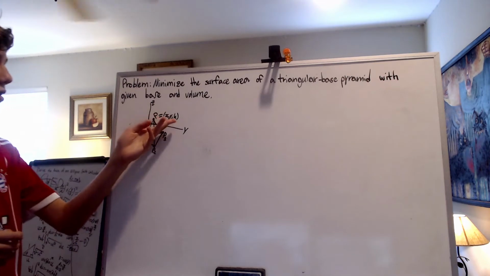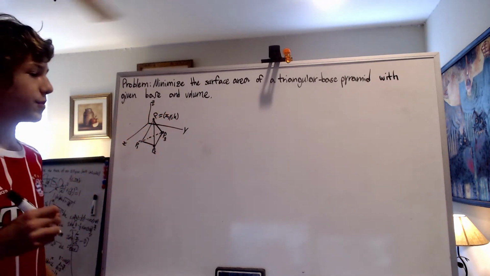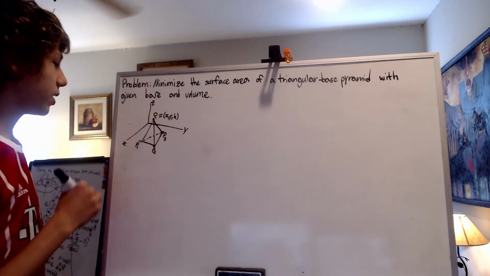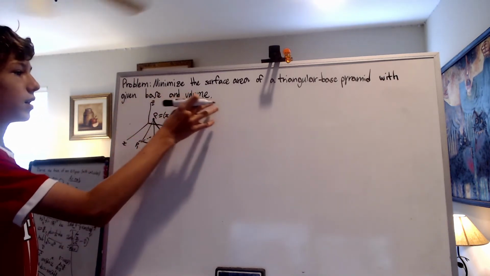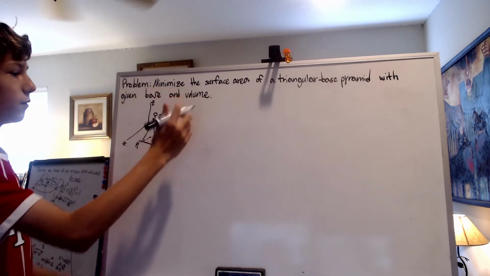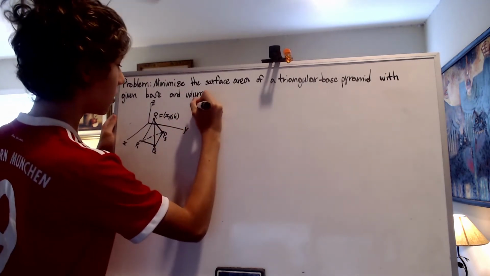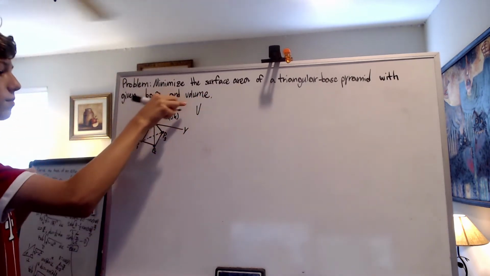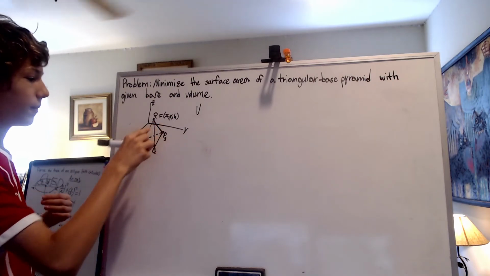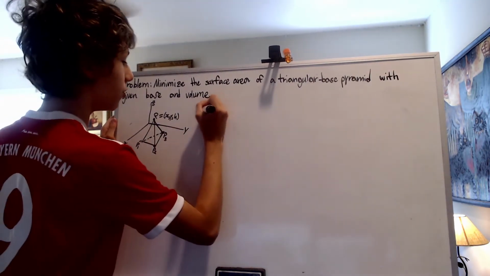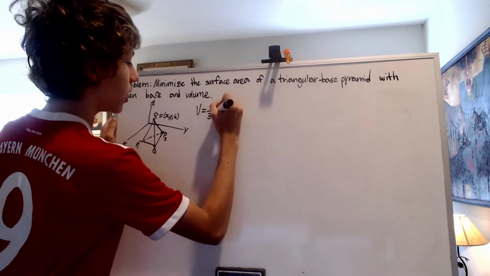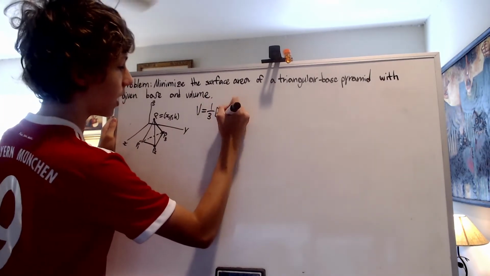Now, I'm going to note that this height h has to be constant, and let me explain that quickly. The reason it's constant is because we have a given volume and a given base. The volume of this pyramid is equal to 1/3 times the area of the base times the height.